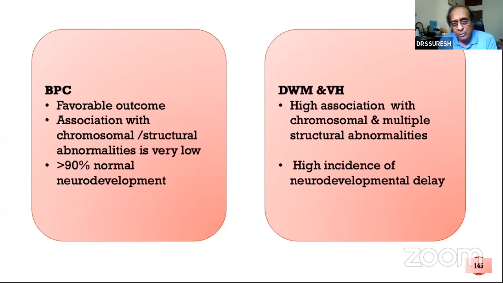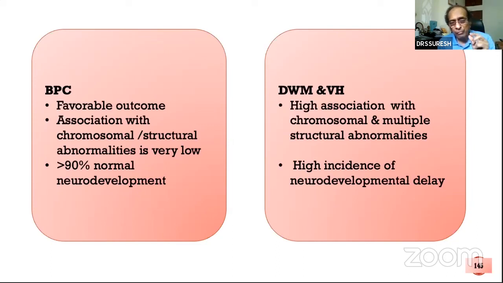So you do a basic karyotype and the karyotype is normal. In fact, the association with chromosomal abnormalities is usually trisomy 21, and that 5% association is usually when you see other markers. When there are no other markers of T21, then the outcome is supposed to be very, very favorable, and neurologically also they do well.